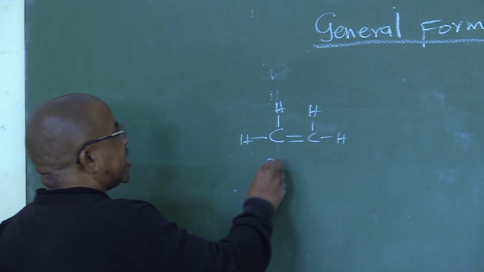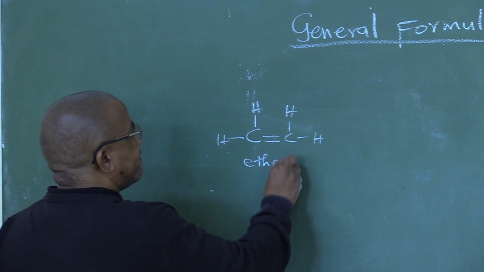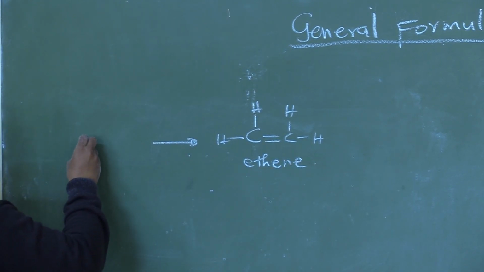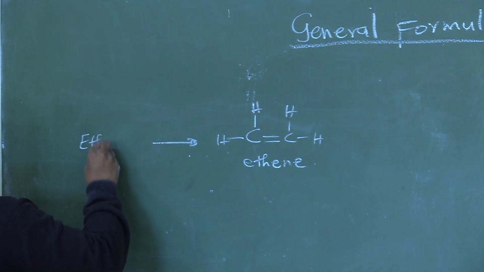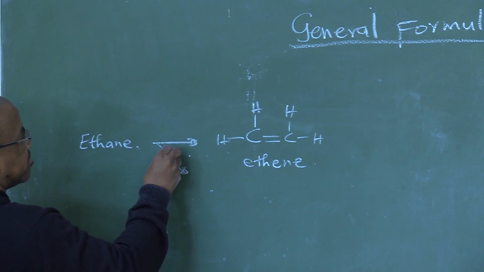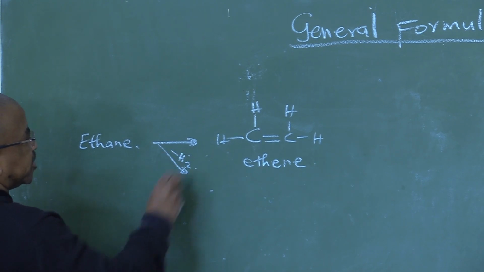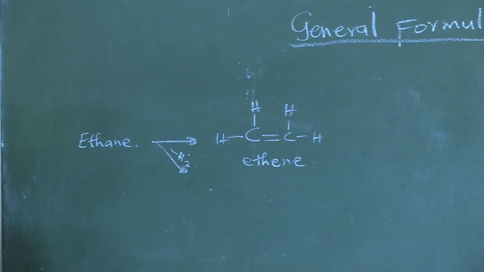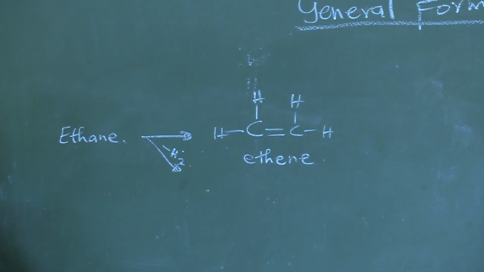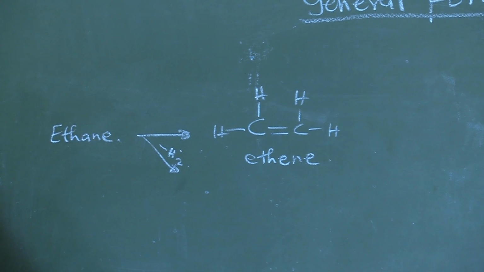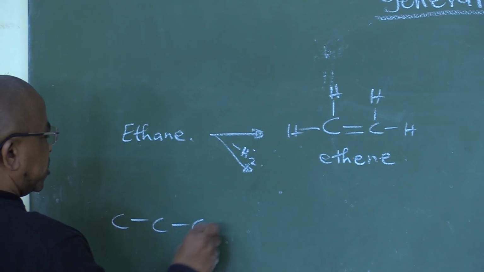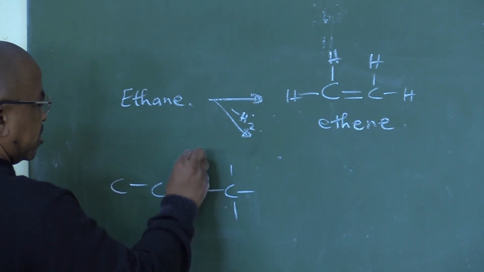Obviously, ethene, sitheni na, besine ethane, and then we removed minus 2 hydrogens. Then we have an ethene. Okay, what about, let's say, butane? 1, 2, 3, 4.